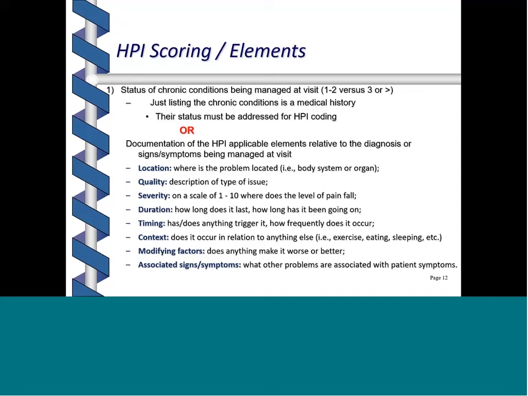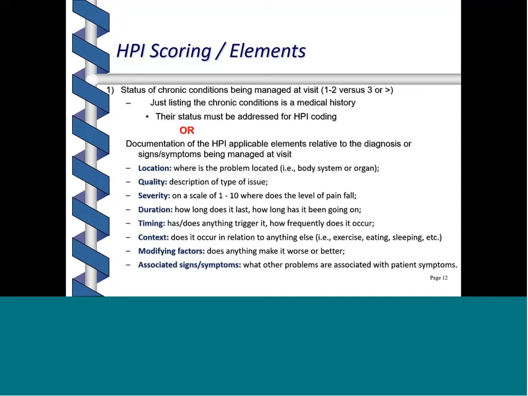This looks at the different applicable elements: the location of the issue, where it is; the quality of the issue, a description of the type; the severity on a scale of 1 to 10, do we have pain; the duration, how long have they had the problem; the timing, is it worse in the morning; the context, does it occur in relation to anything else, when they're exercising, walking, sleeping; any modifying factors, anything that makes it worse or better, such as when they increase the oxygen, they feel better; and any associated signs and symptoms.